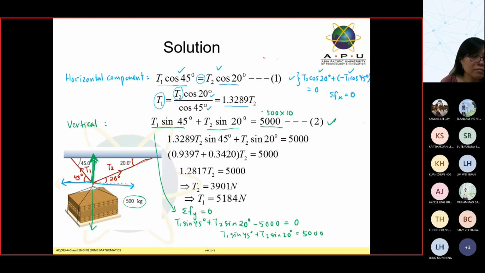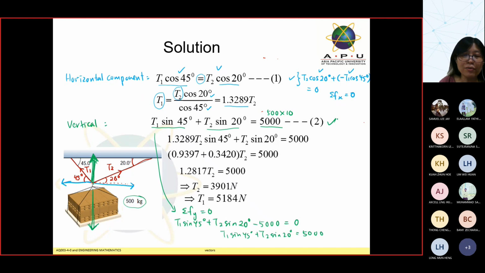Then the one going down, because you hang the object, the weight is for these objects, of course, towards down, right? So the objects and the vertical component of T1 sine 45, T2 sine 20 are in the opposite direction. Okay.